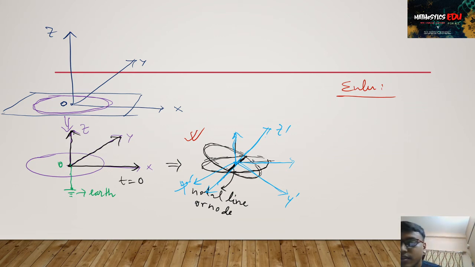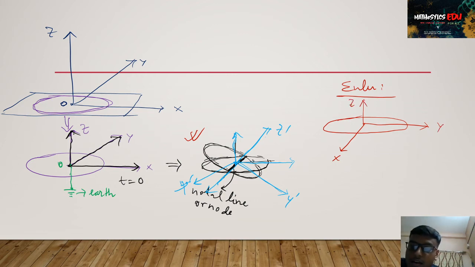Let me draw first our initial ellipse. Suppose this is the initial planar figure. You can also draw a circle, I told you previously. So this was our x, y, z axis. Let me call this axis x, this axis y, this axis z.